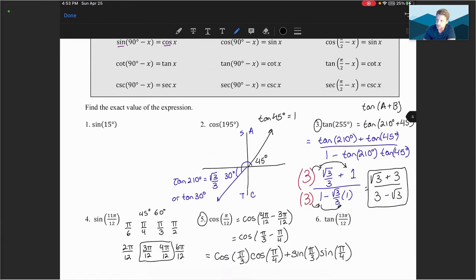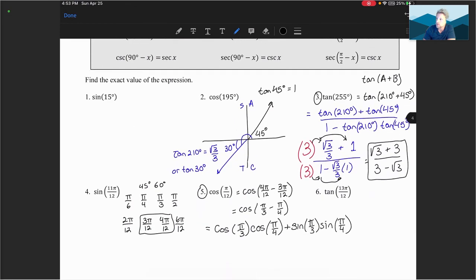So let's finish off this problem with our expression now. So we'll have the cosine of pi over 3, that's the cosine of 60 degrees. That will be just 1/2 times the cosine of pi over 4.